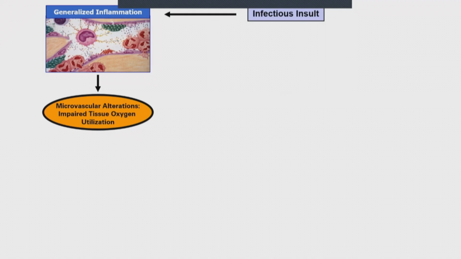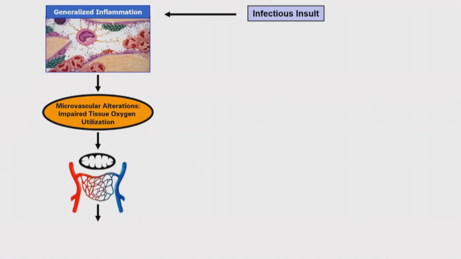So the early pathogenesis of sepsis begins with an infectious insult, which stimulates a generalized inflammatory response, which subsequently leads to what we call microvascular alterations, which have a great impact on tissue oxygen utilization.